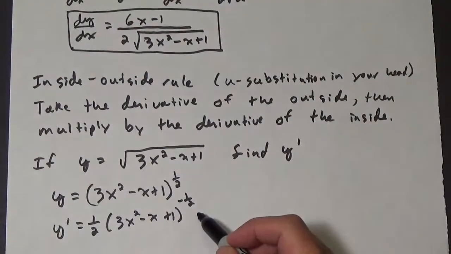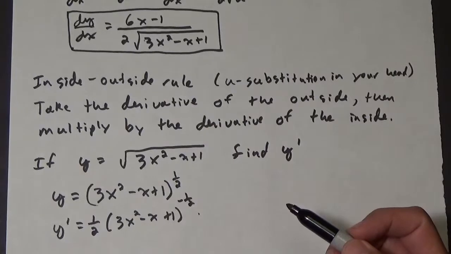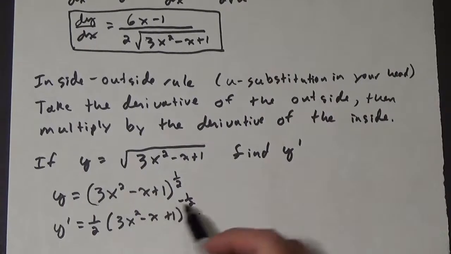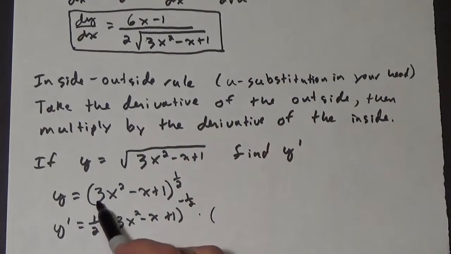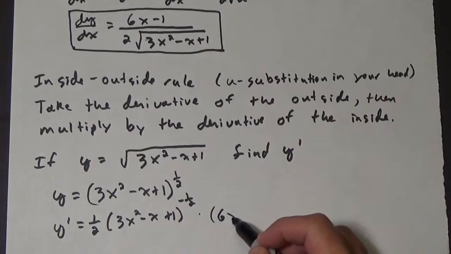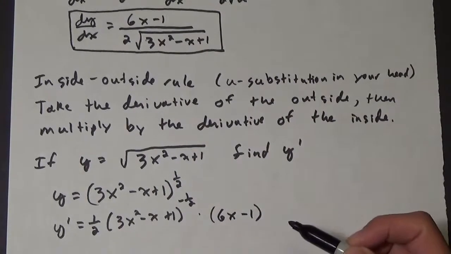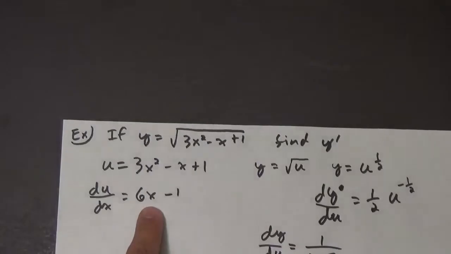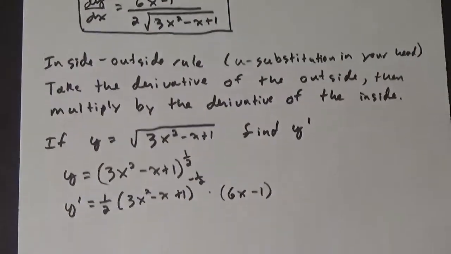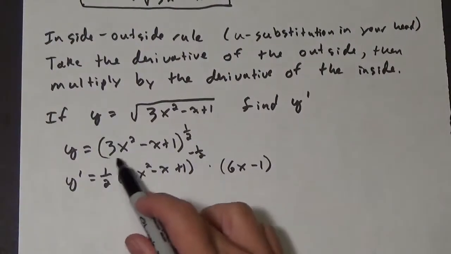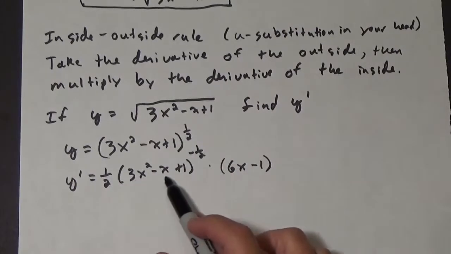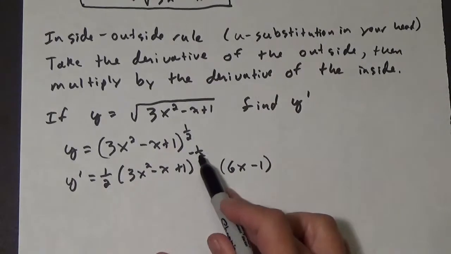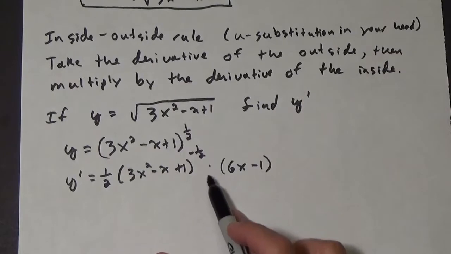Then we're going to multiply that by the derivative of what is inside. So in this case, the derivative of 3x squared minus x is 6x minus 1. And that's what we did right here. So we took the derivative of the outside, brought out the 1/2, rewrote the inside again, just as it was, the negative 1/2.